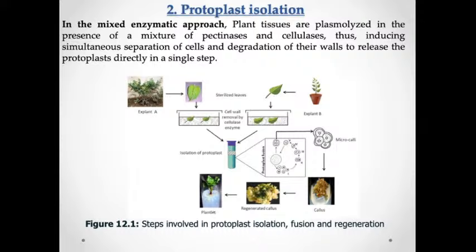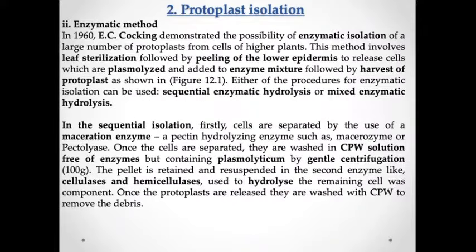So this is the main step that has been done for protoplast isolation. As we can see, the enzymatic mixture can be used in sequential enzymatic hydrolysis and mixed enzymatic hydrolysis. In sequential isolation, firstly the cells are separated by the use of a maceration enzyme, that is, a pectin hydrolyzing enzyme such as macerozyme or pectolyase.